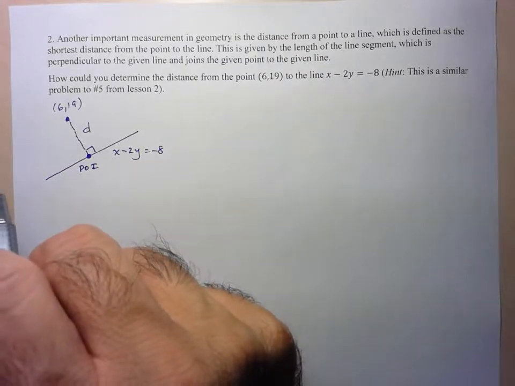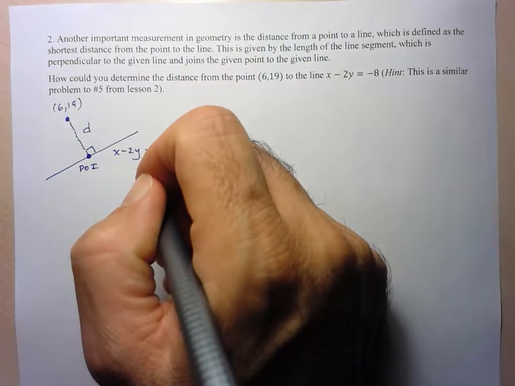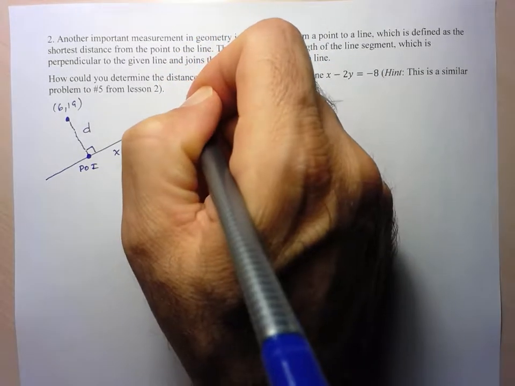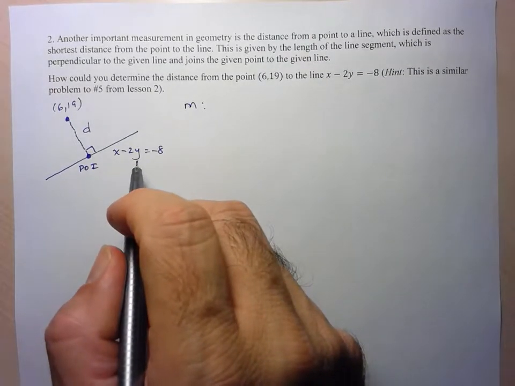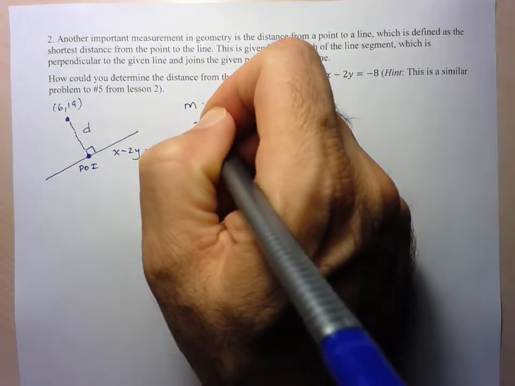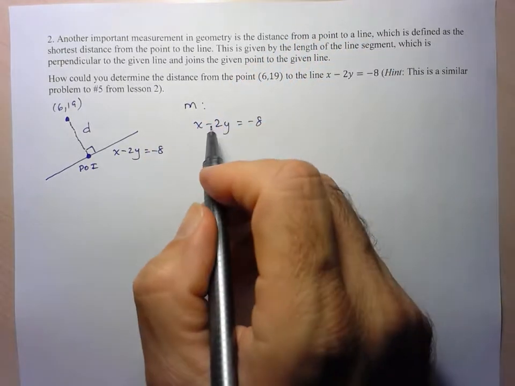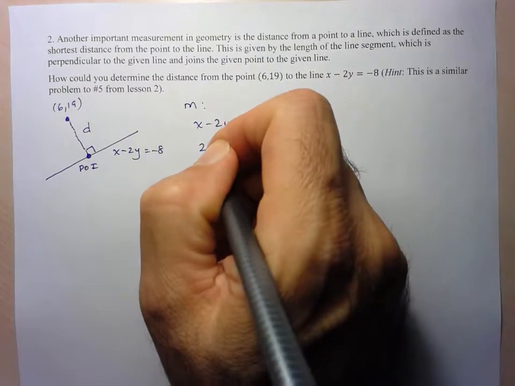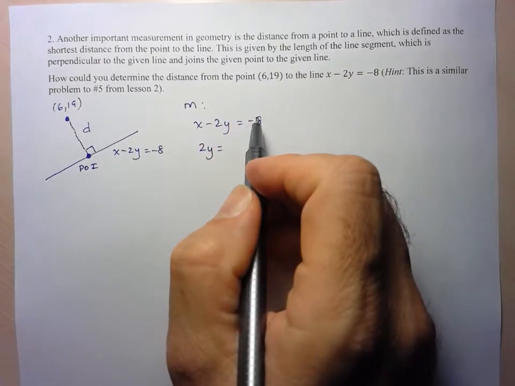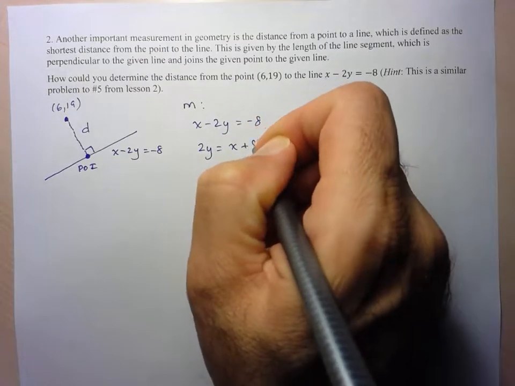So we have enough information to find the equation. Let's start by finding the slope of our first line, and I'm going to rearrange this so that it's in the form y equals mx plus b. So we've got x minus 2y equals -8. I'm going to move the -2y to the other side of the equation, writing it on the left, and move the -8 to the other side, so it's going to be 2y equals x plus 8.